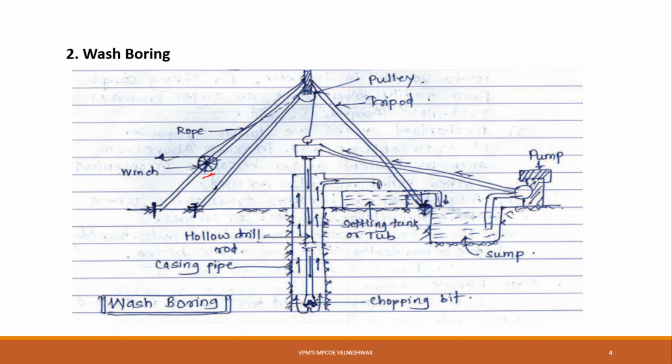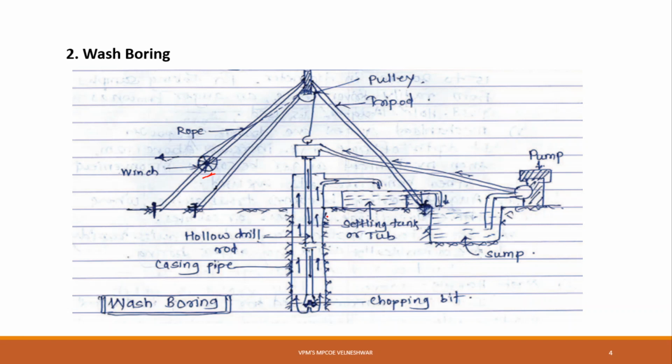What you have to do for starting the wash boring is first do the advance hole, which means you have to prepare the hole by auger boring. There are different types of auger we have already discussed, and with that auger you just initiate the borehole. After initiating the borehole you have to insert the casing pipe.